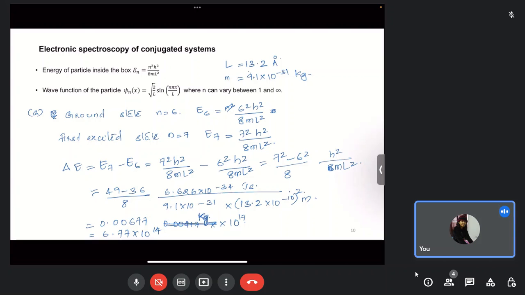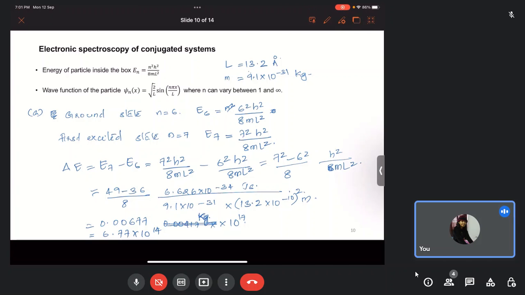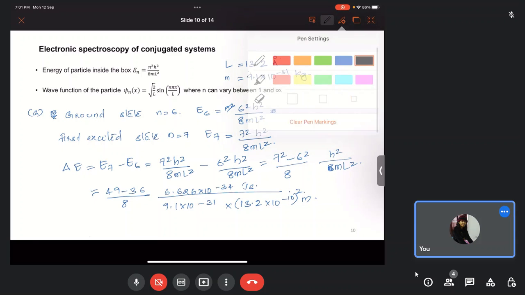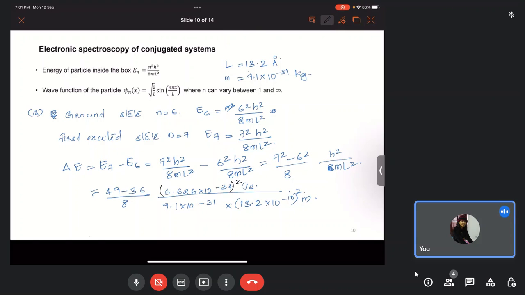Okay. Oh, sorry, I made a mistake in the calculation. One second. This is supposed to be square.